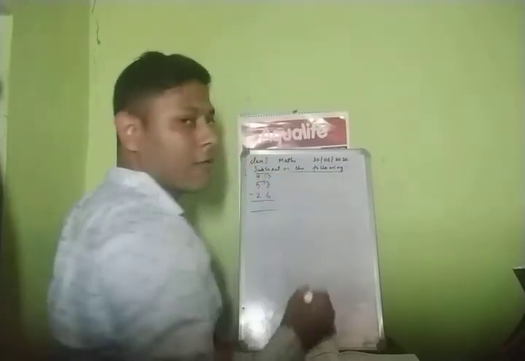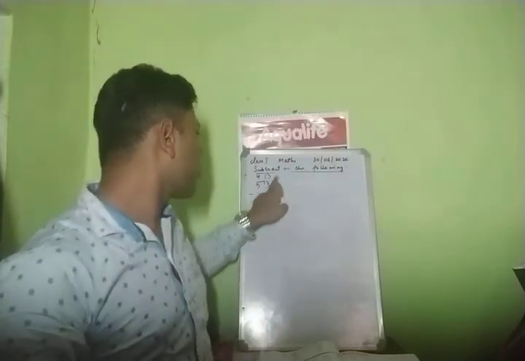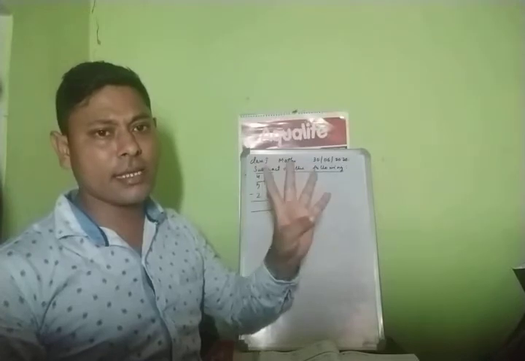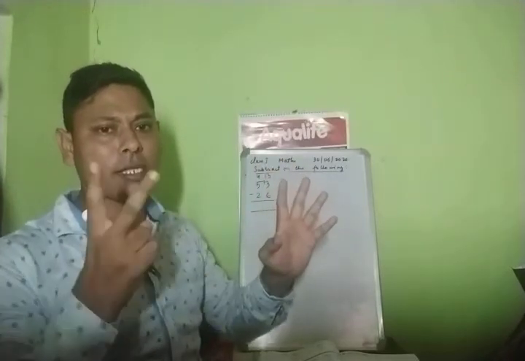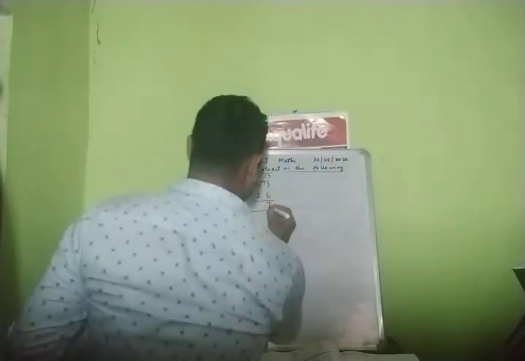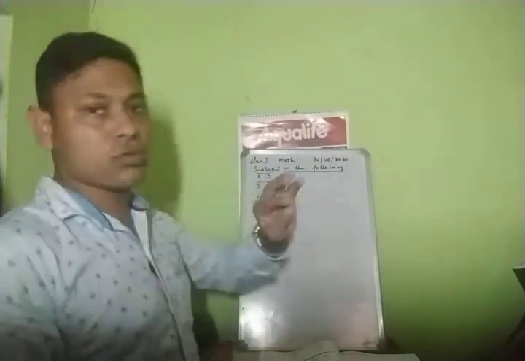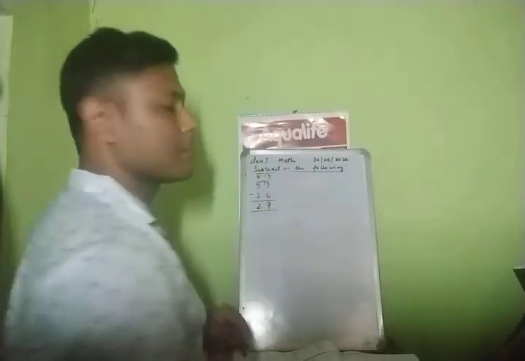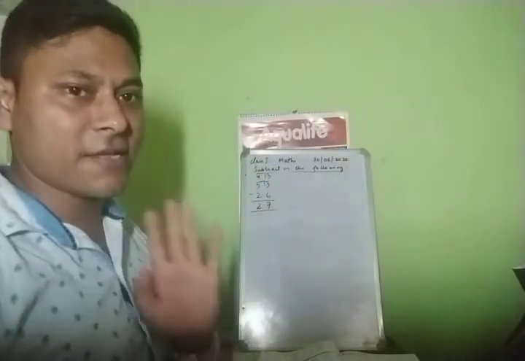What is left? 4. So from 6 you count till 13. 6, 7, 8, 9, 10, 11, 12, 13. How many? 7. So directly write here 7. Okay. And 4 minus 2. 4 minus 2. Done. Now it is easy for you. Yes? Okay.